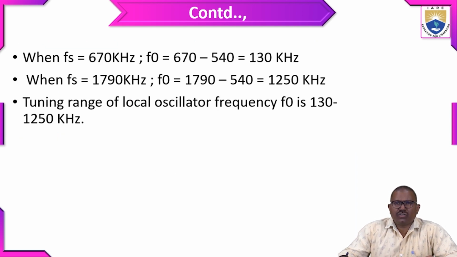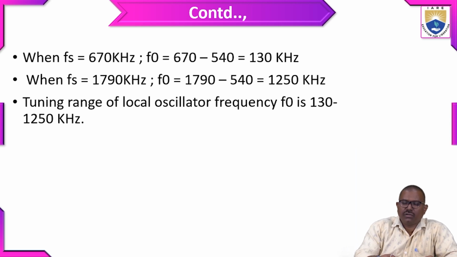When Fs equal to 670 kilohertz, the local oscillator frequency F naught equals 670 minus 540, which is 130 kilohertz.